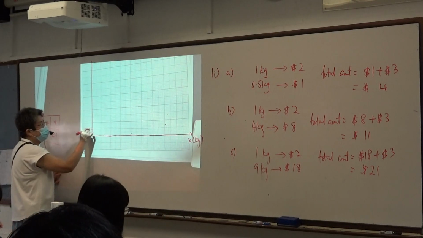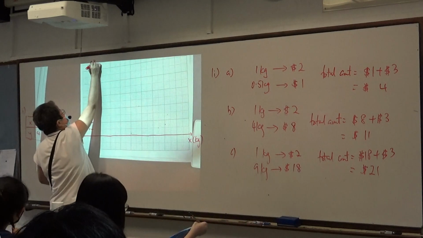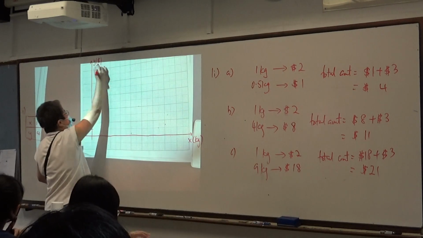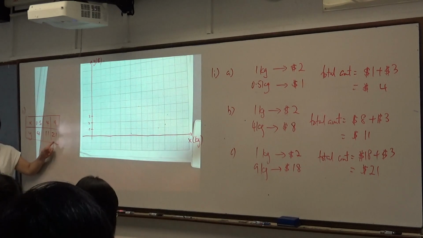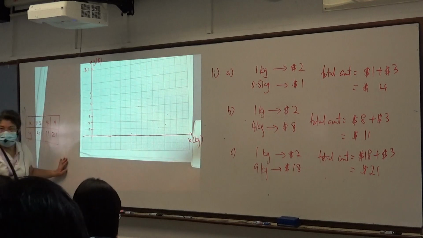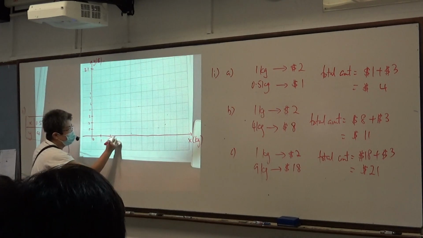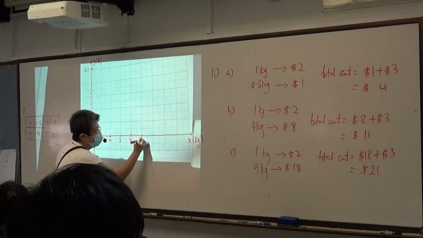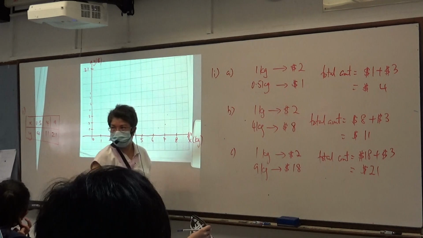That means I must have 1, 2, 3. But here I must write Y in dollars, right? I must have until at least what? 21. So you go and draw until 21. Understand? But this one is what? 0, 1, 2, 3, 4, 5, 6, 7, 8, and it must be until 9.